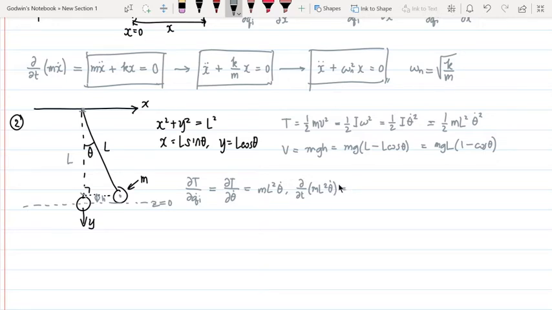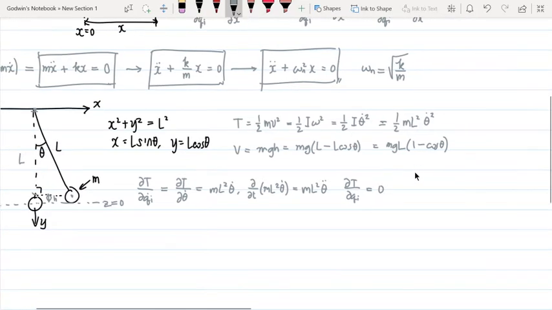Theta dot is the time derivative of angle, so we're taking the time derivative of that. It's going to be ml squared theta double dot. And so the partial of T with respect to q_i, it's still going to be 0 because there's no theta term here. So we're done with kinetic energy.